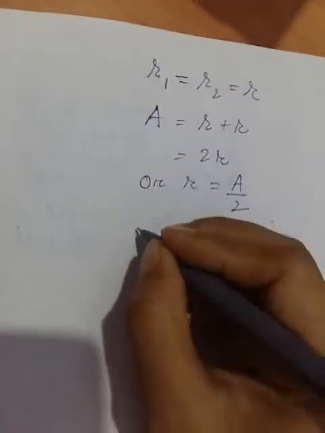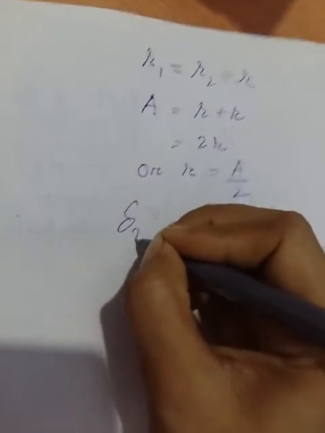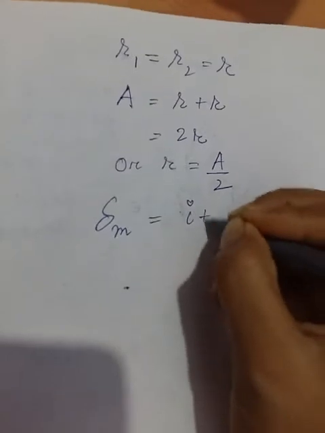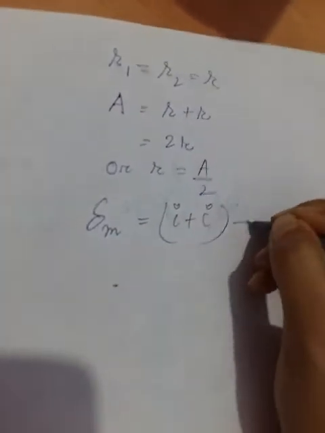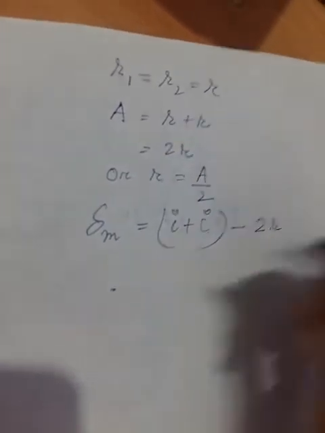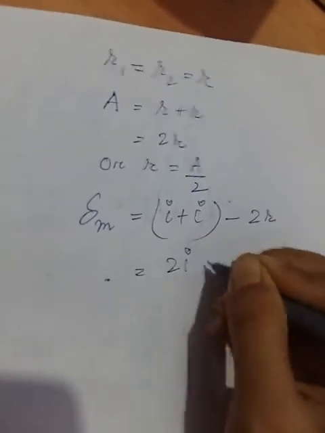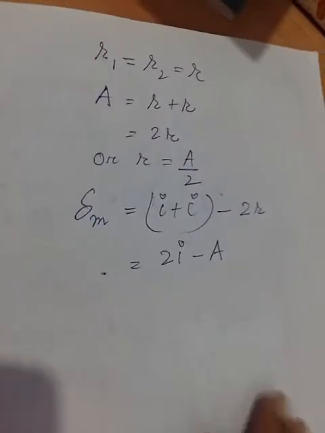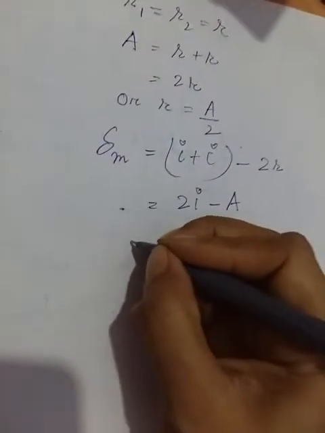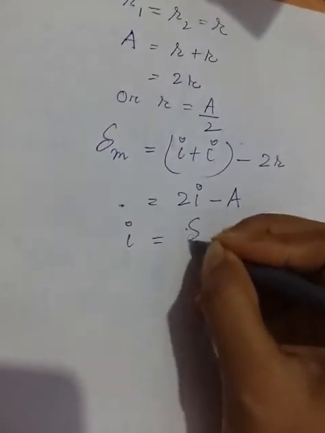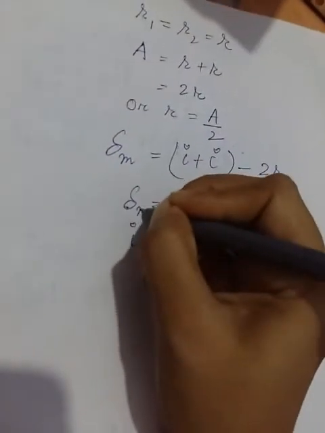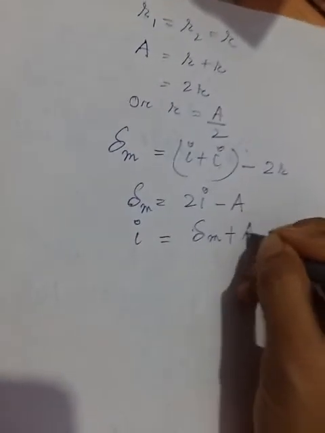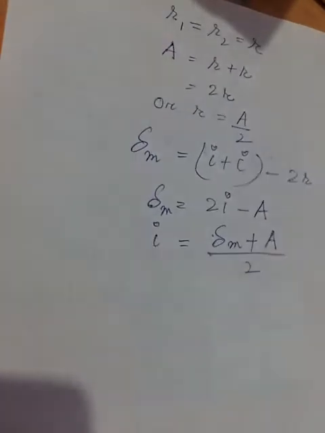Similarly, in place of delta we consider delta M, the angle of minimum deviation. So I plus I minus 2R equals 2I minus A. In place of 2R we write A. So I equals delta M plus A divided by 2.